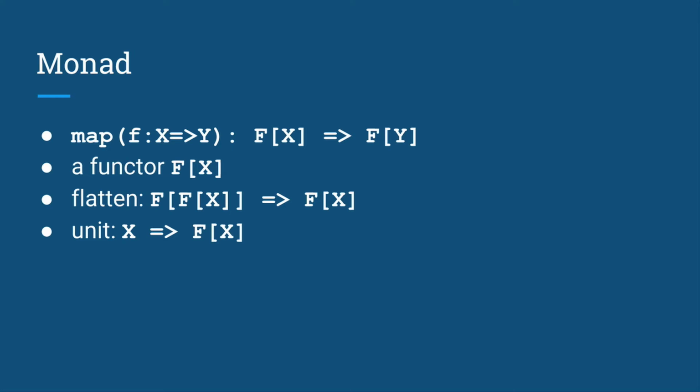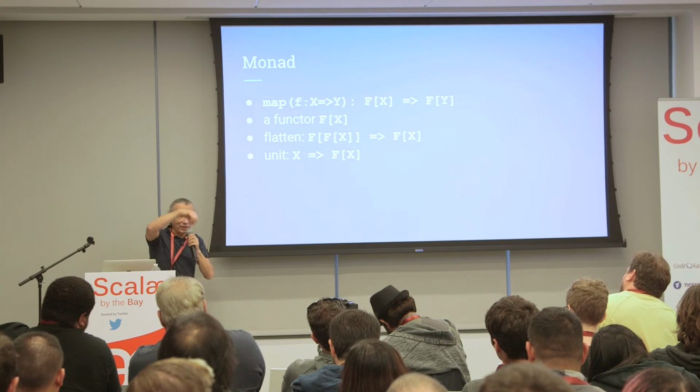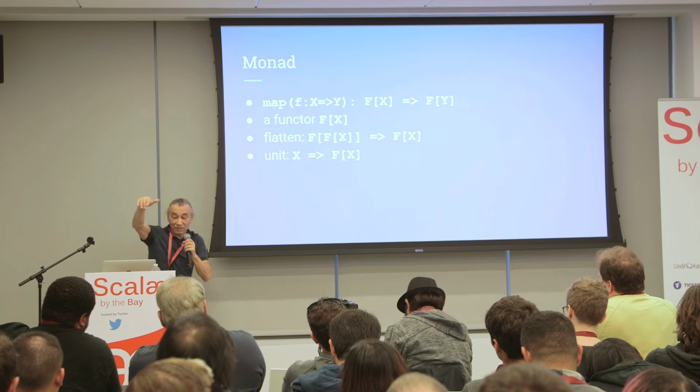So what we need in a monad, we need these features, these properties, and we also need some laws. Like flatten deals correctly with units, and double flattening if you have f of f of f of x. You can do flattening inside, or you can do flattening outside, it doesn't matter.